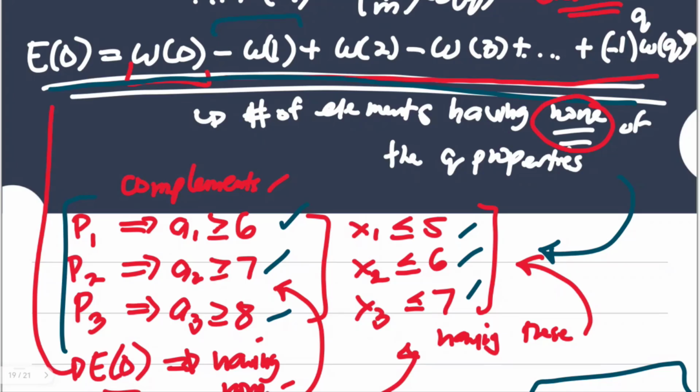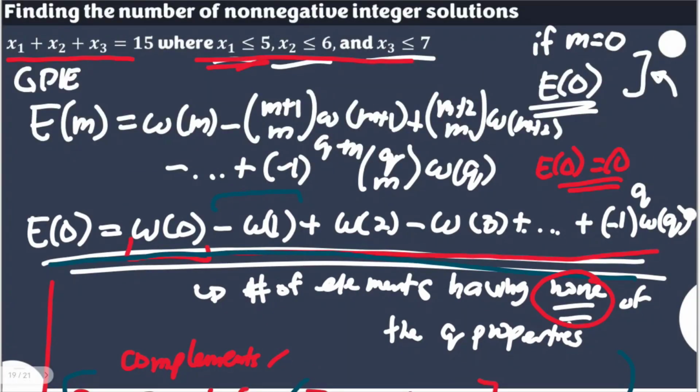Basically, using the double negation, 10 integers having none of these will satisfy the property of x sub 1 less than or equal to 5, x sub 2 less than or equal to 6, and x sub 3 less than or equal to 7 to satisfy this equality.